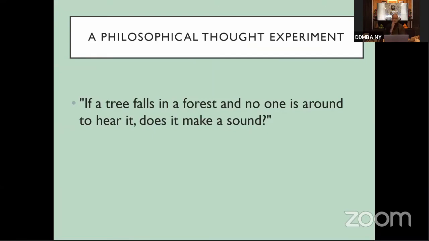So what the eye organ really perceives is actually a wavelength of light. And different colors have different wavelengths.